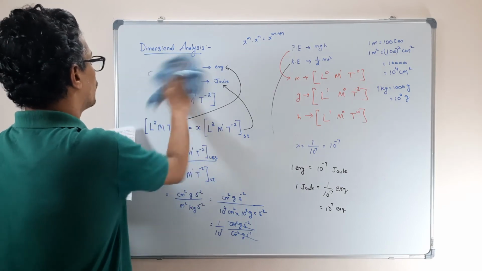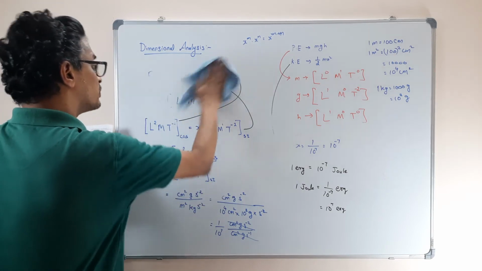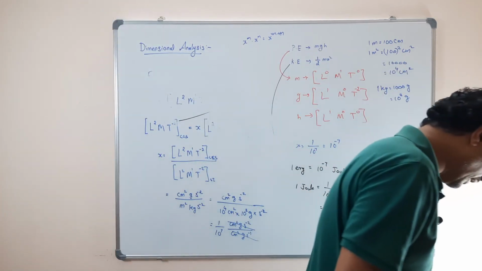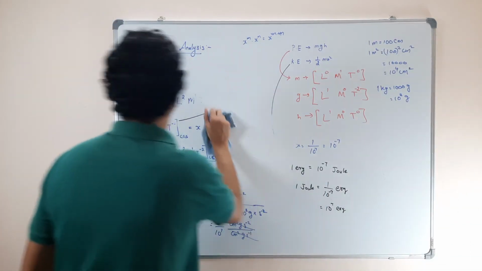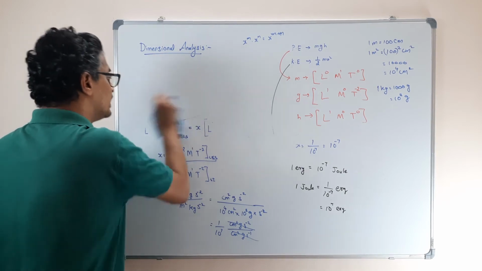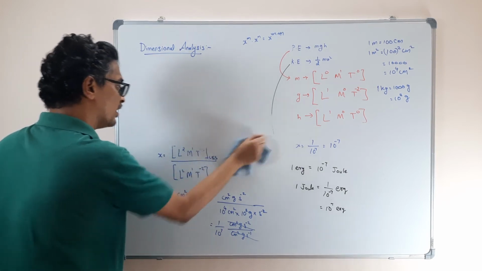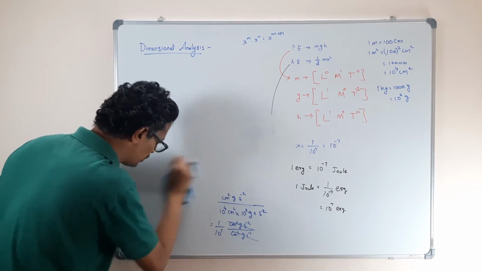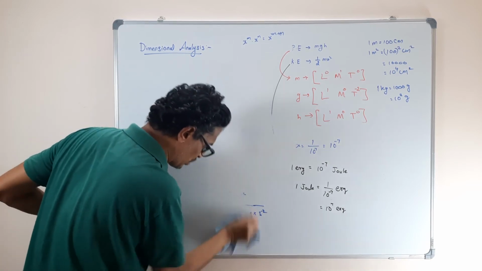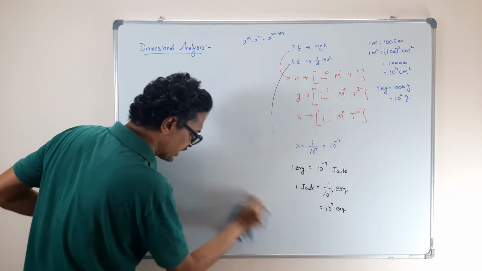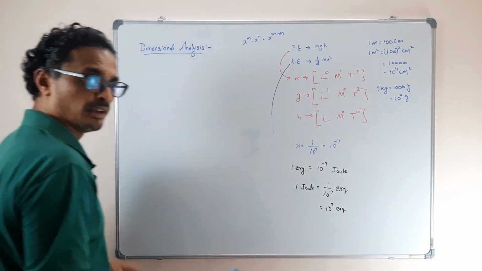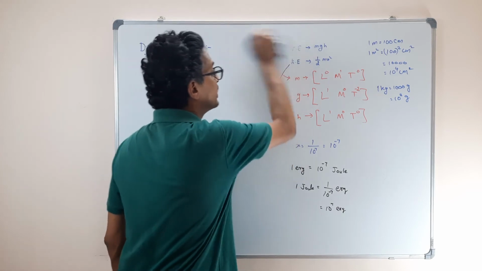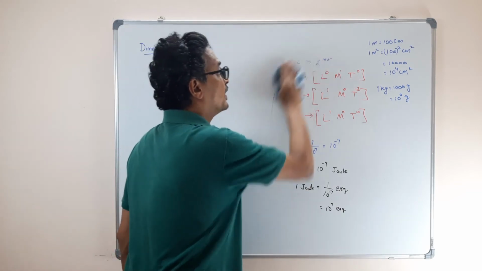Okay, so this dimension analysis also, initially I forgot to tell you one thing. So when you are checking the correctness of equation, if you remember, I would have said that. I told you from the 10th floor you are dropping a stone. Am I right? And you are asking at what time, at 2 seconds, what is the distance traveled by that stone?